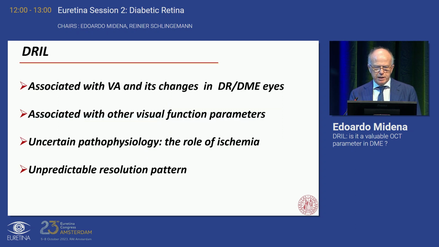It has been associated with VA, and therefore it may possibly be, as you will see at the conclusion of my presentation, a surrogate of visual acuity, and it's changing during the natural history. It's associated with other functional parameters that I'll discuss.